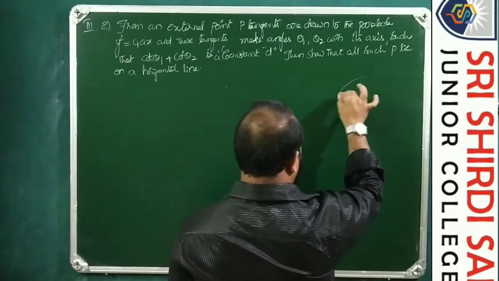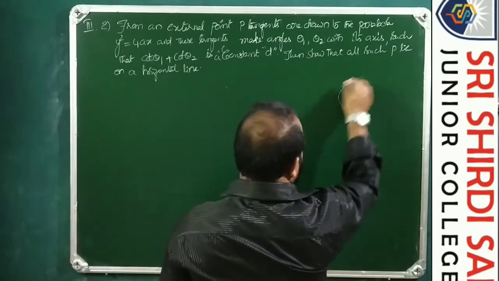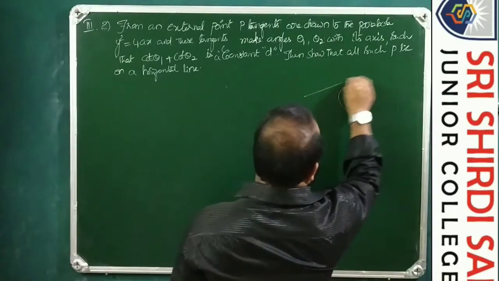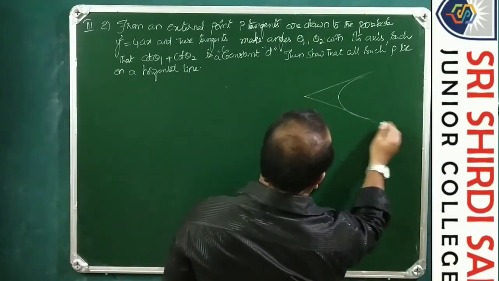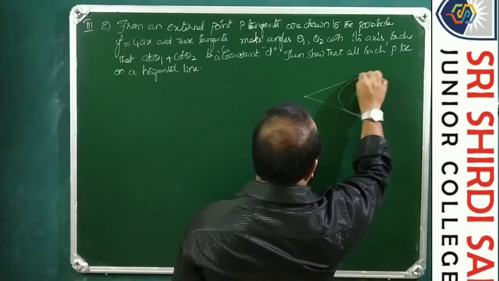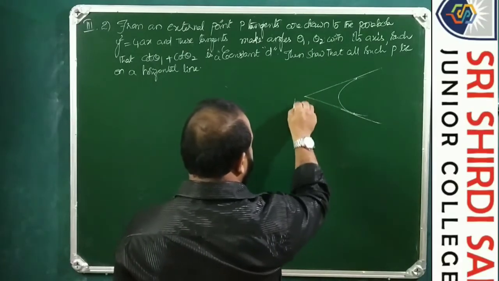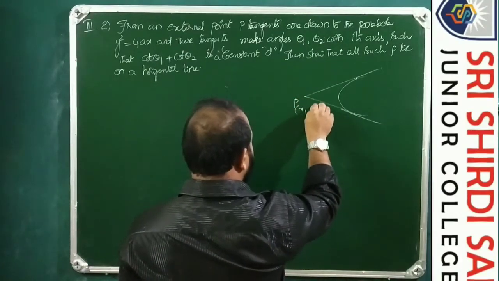So this is a parabola. Next, from an external point draw two tangents. So this is from external point P x1 comma y1.